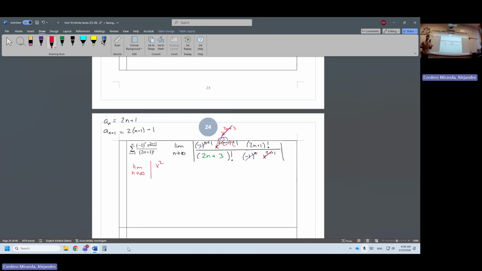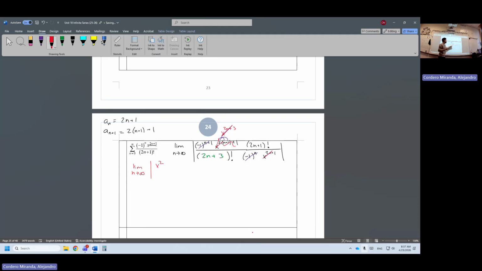And then the factorials are tricky. Let me ask if you see it right away, and if not, I'll show you. Do you know how these factorials will cancel? All right, so let me just show you with a concrete number.